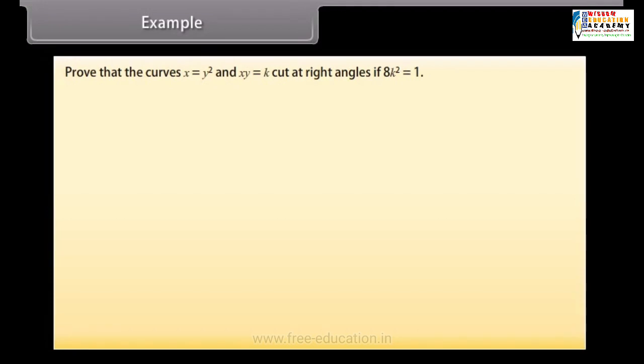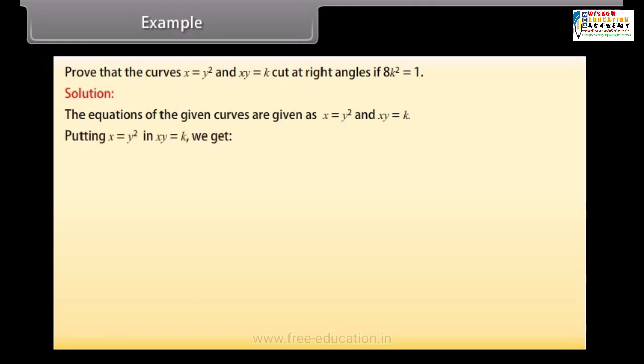Example. Prove that the curves x = y² and xy = k cut at right angles if 8k² = 1. Solution. The equations of the given curves are x = y² and xy = k.